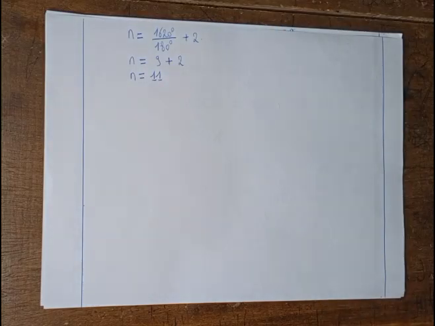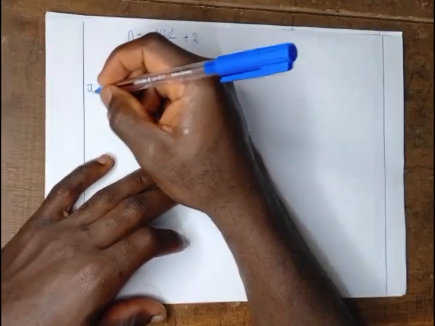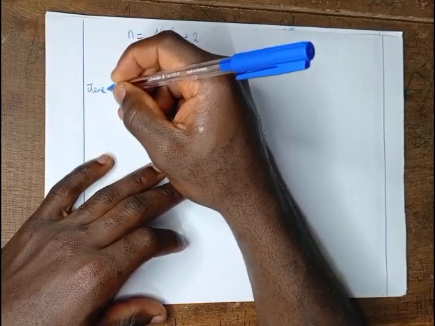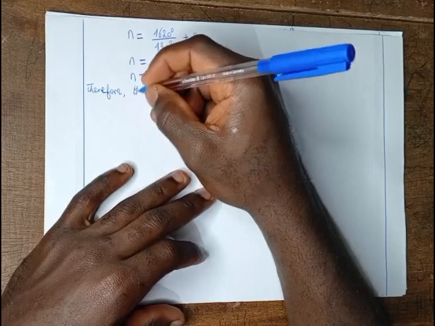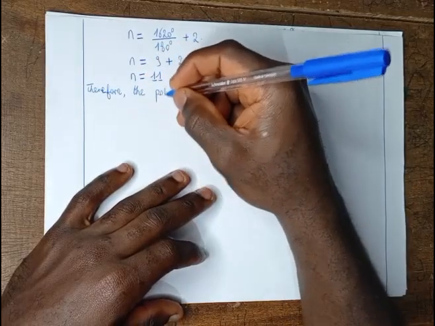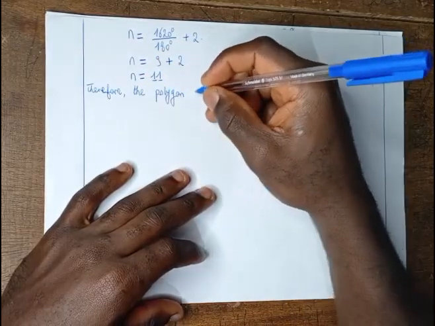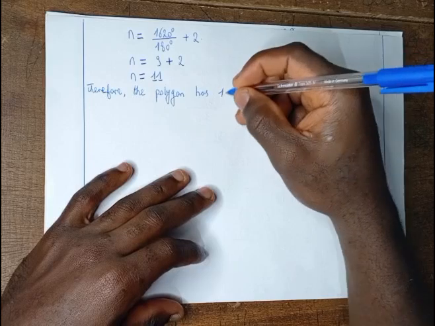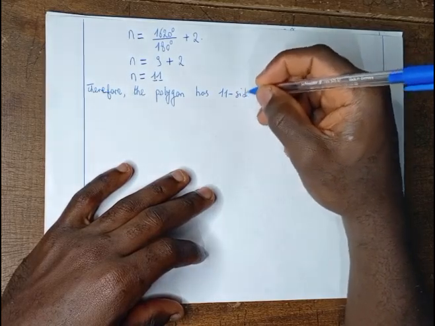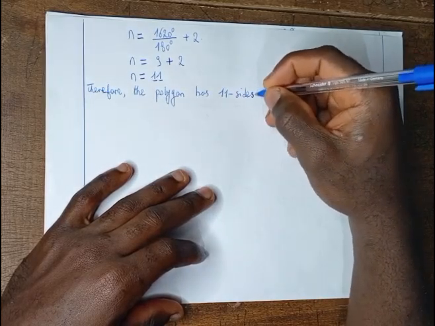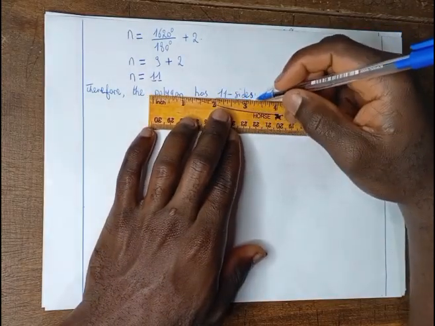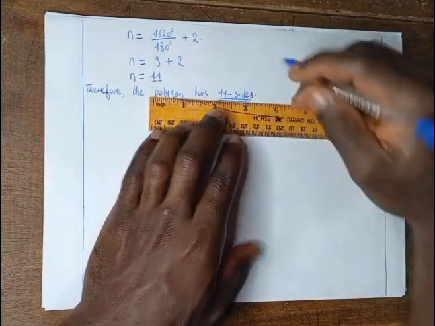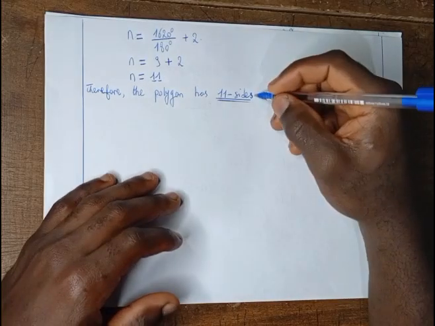Then we conclude, therefore, the polygon has 11 sides, which is the result. It's an 11-sided polygon.